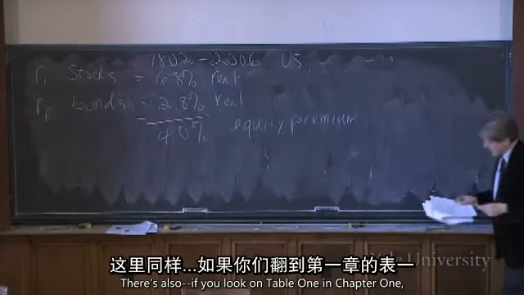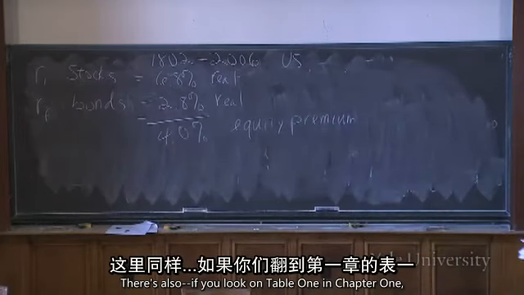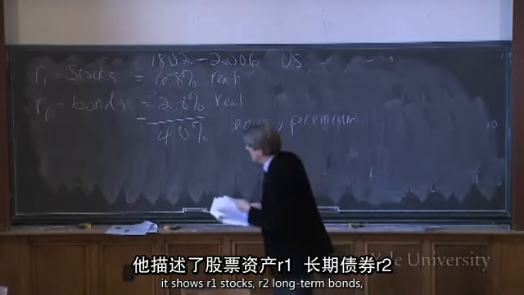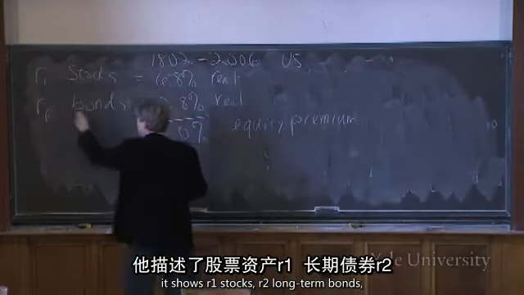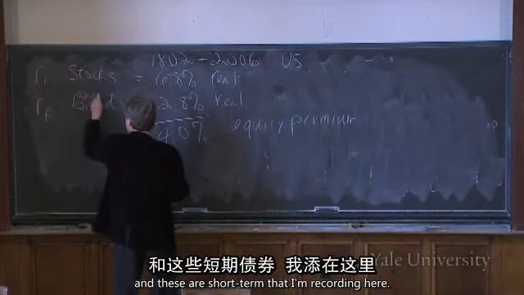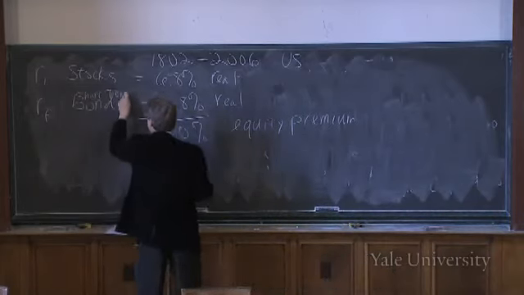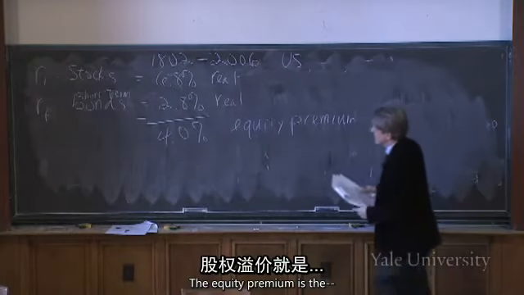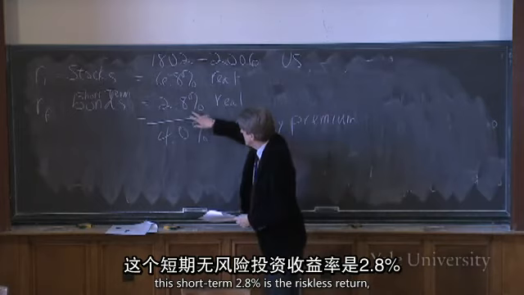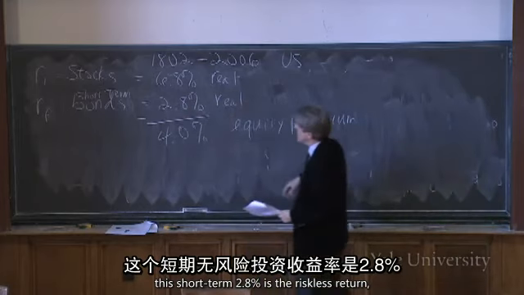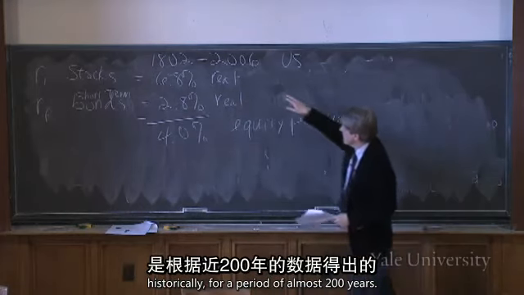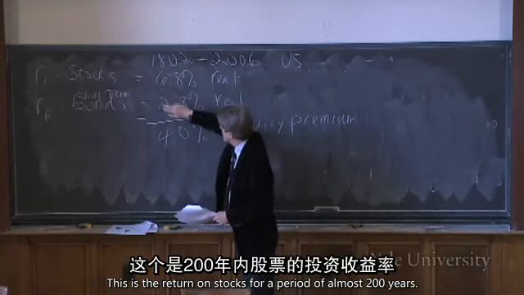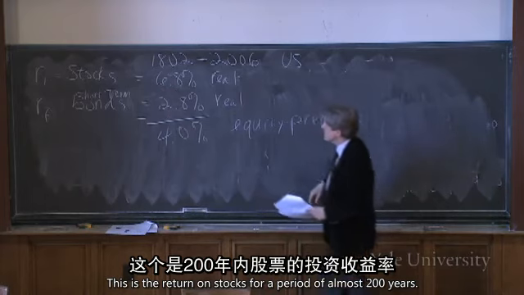If you look at table 1 in chapter 1, it shows R1 stocks, R2 long-term bonds, and these are short-term that I'm reporting here. So the equity premium is this: the short-term 2.8% is the riskless return historically for a period of almost 200 years. And this is the return on stocks for a period of almost 200 years.